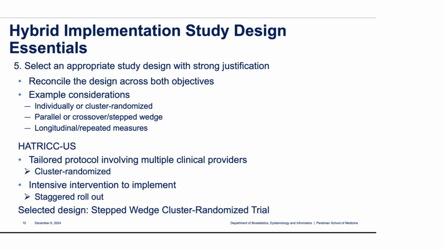And so based on that, the staggered rollout that is a feature of the stepped wedge cluster randomized trial design was attractive. And so Hattrick US ended up having this stepped wedge cluster randomized trial design. Megan, I'll again ask if you want to chime in and say anything about the motivation for the design in Hattrick US.